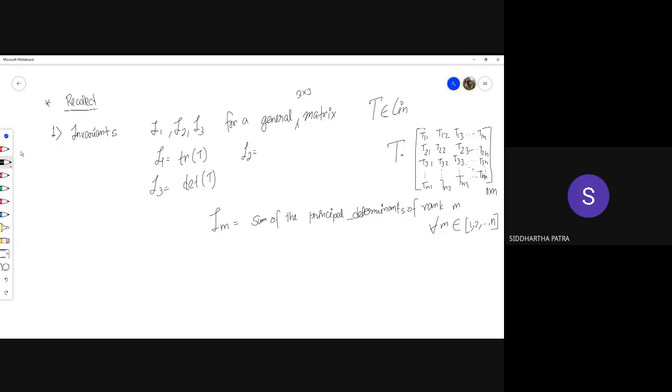Now I would explain what I mean by that. For example, if m is 1, then the first principal determinant should be the sum of the diagonal terms. So the first one is T11, then T22, then T33 up to Tnn. So I1 is the trace.